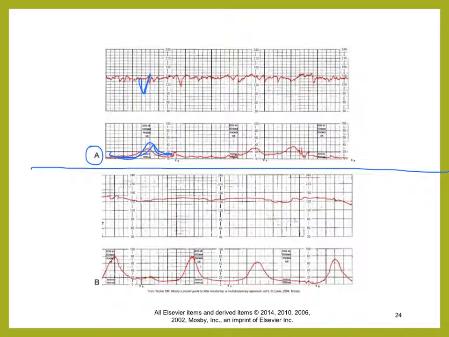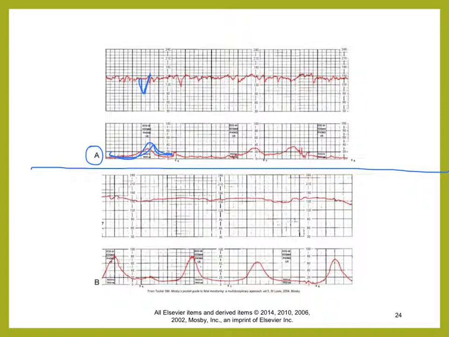So, negative CST is what we want. We want 3 uterine contractions in 10 minutes with no late or significant variable decels. No digging holes. This particular one you are looking at on A is a negative CST.